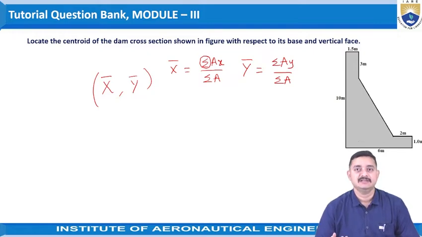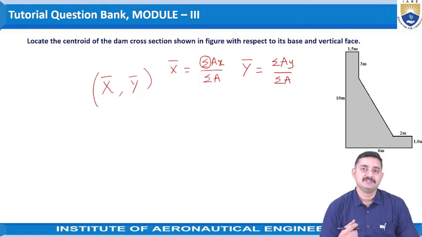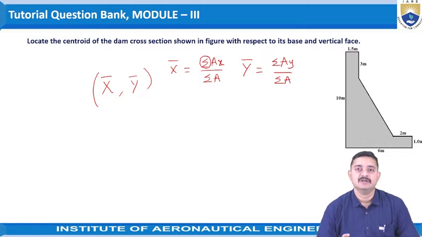So that's the reason we will be collecting the information about each and every individual part, and we will be summing them. So A1, A2 and A3 and so on, those will be the areas of parts 1, 2, 3 and so on.